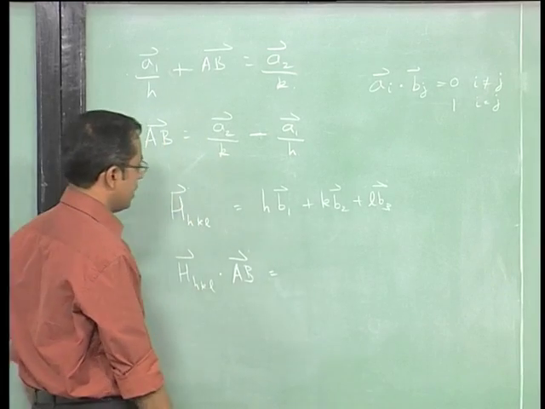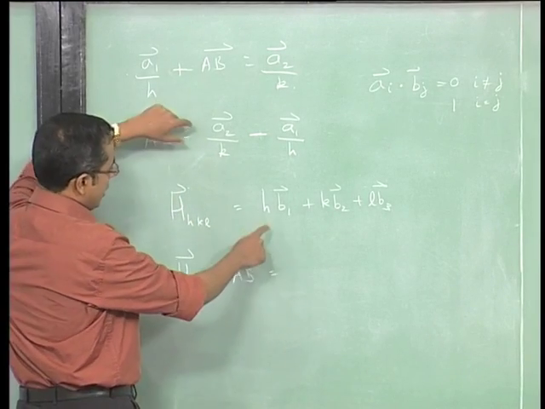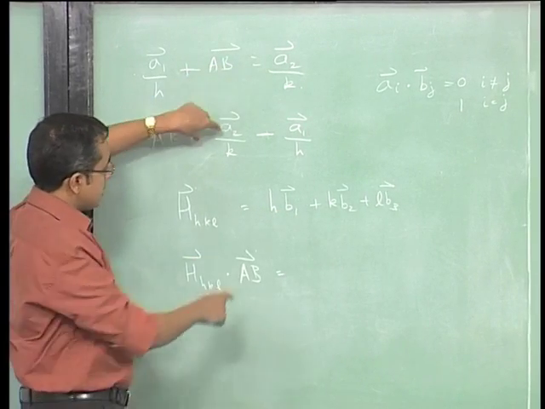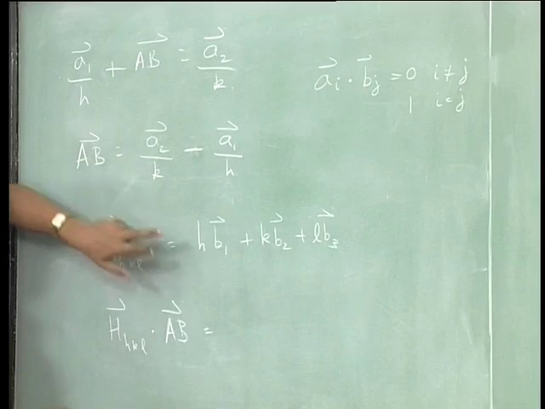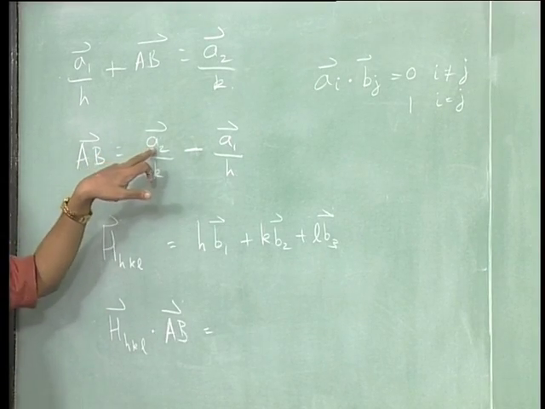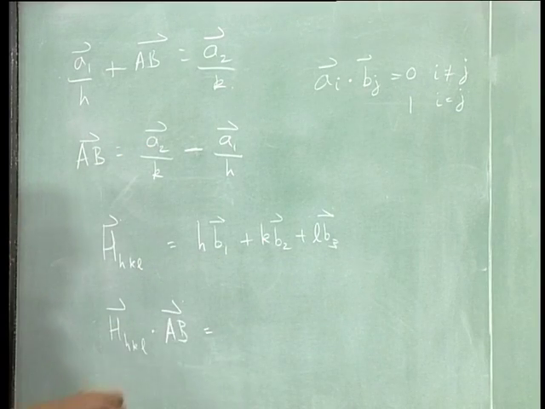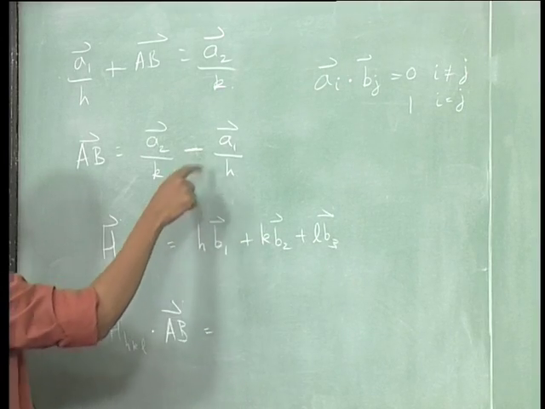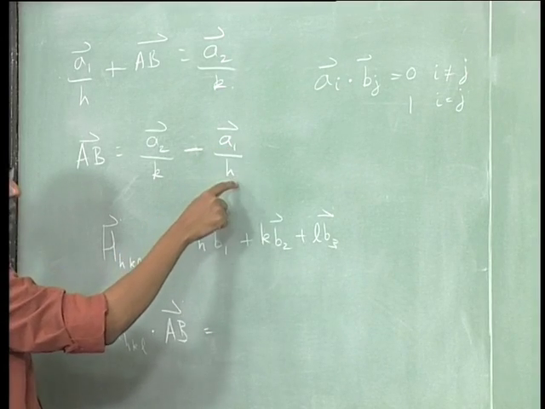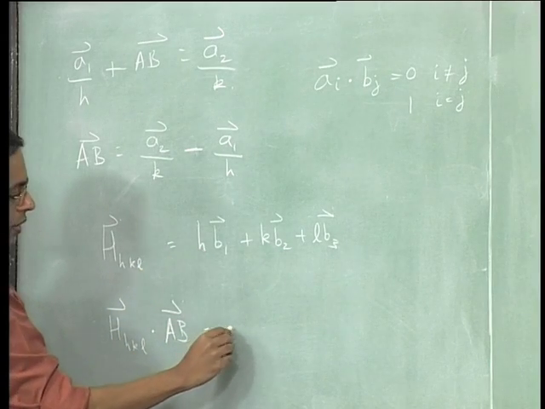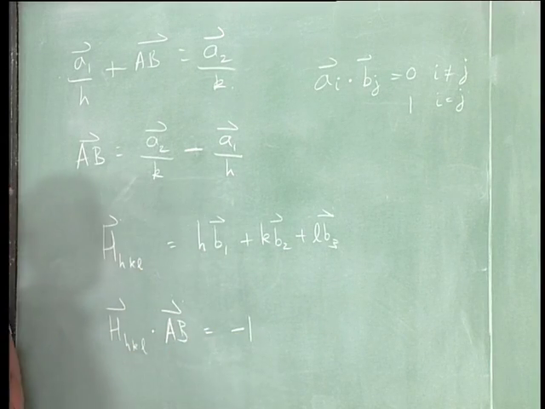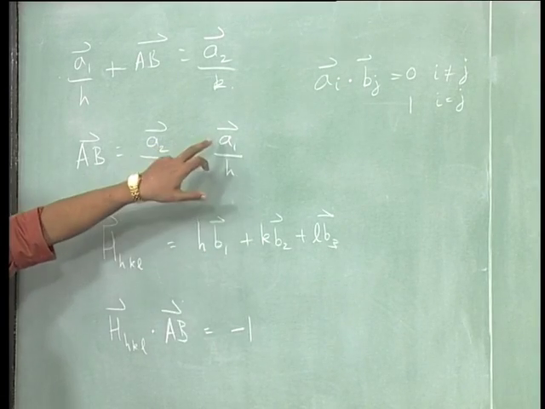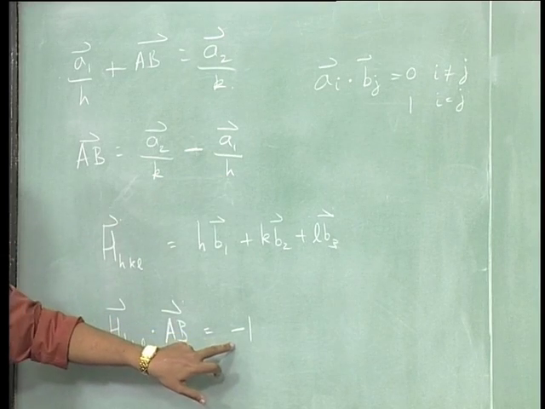So if you look at this dot product here, you have HB1 dot A2. H is just an integer, B1 dot A2 is 0 because it is 1 and 2 here, so that is 0. B1 dot A1 is 1, and you have HB1 here and A1 by H here, so H and H will cancel, you get minus 1. So the dot product of HB1 and A1 by H will give us minus 1.